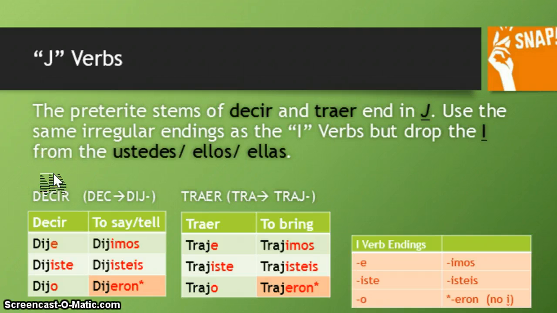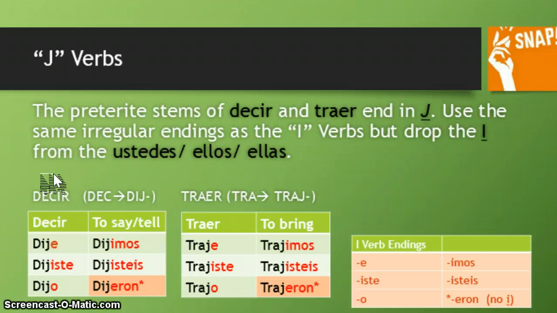This is actually our final category of irregular preterite that we're going to study. The stems for the verbs decir and traer are going to now end in a J, hence J verbs. We're going to actually use the exact same endings we've been using with both the U verbs and the I verbs. This time we will simply drop the I from the ustedes, ellos, ellas form.